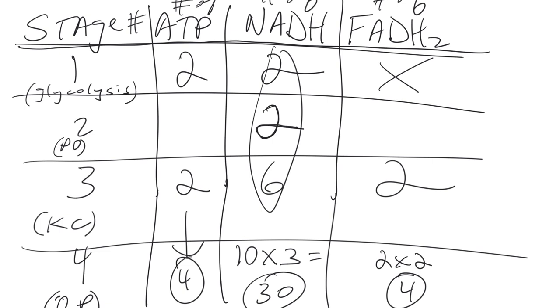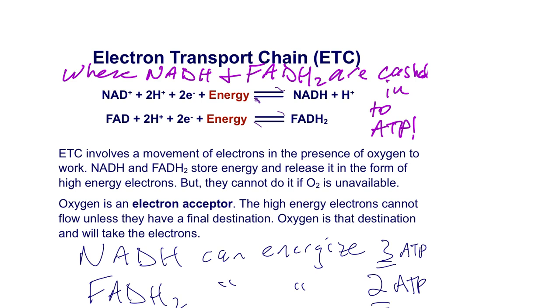Let's talk about that last stage. So that last stage involves an electron transport chain. Okay, we talked about this. The high energy electrons from FADH2 and NADH fall down this electron transport chain in the fourth stage. And by the way, that's in the inner membrane.